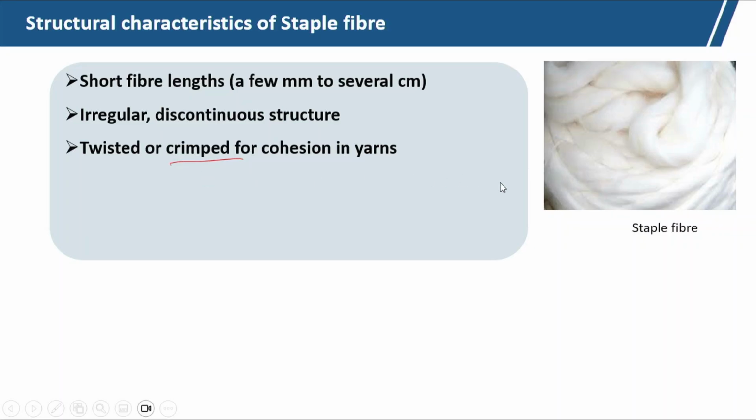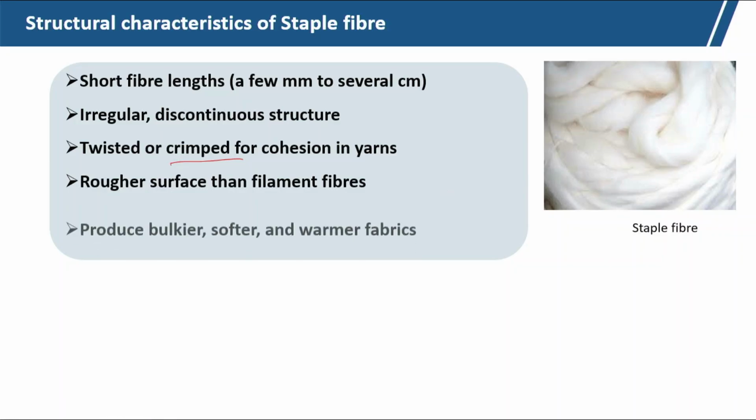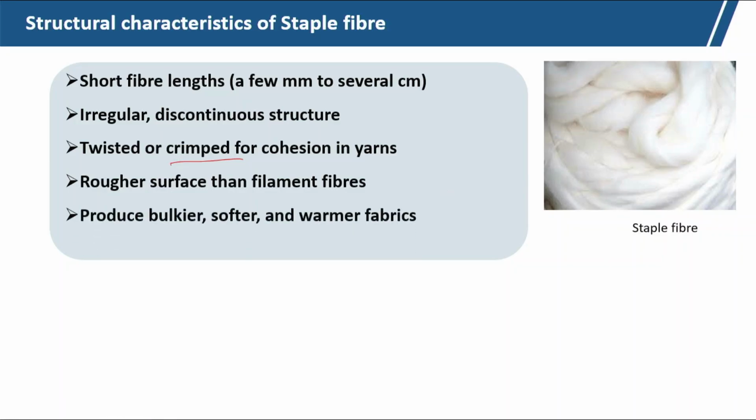So, crimp is required, and in cotton there is a natural crimp in the form of convolution. In wool it has got natural crimp, rougher surface than filament. As these are grown naturally, the surfaces are rough and produce bulkier, softer and warmer fabric.